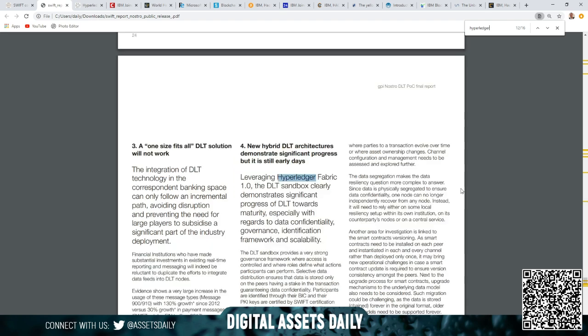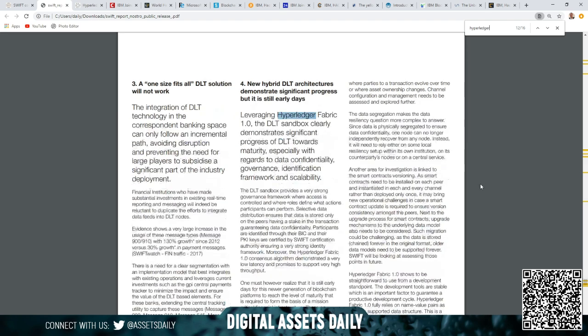Again, the Sandbox initiative allows them to try something without regulations for a time period to test new technology. It gives them legality. Leveraging Hyperledger Fabric 1.0, the DLT Sandbox clearly demonstrates significant progress of DLT towards maturity, especially with regards to data confidentiality, governance, identification framework, and scalability.